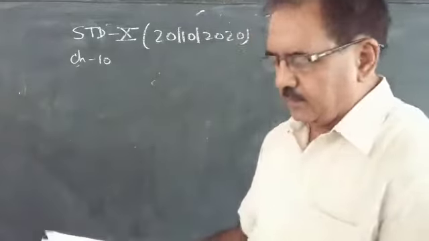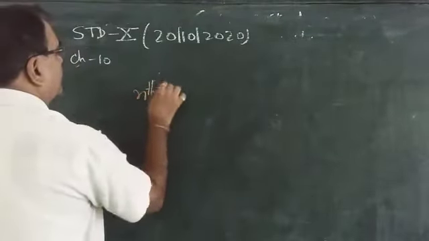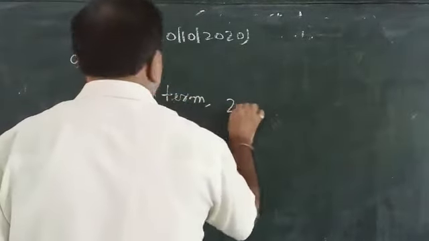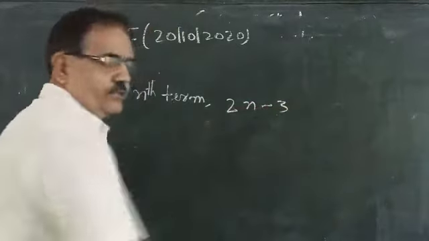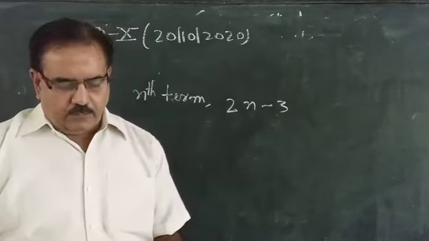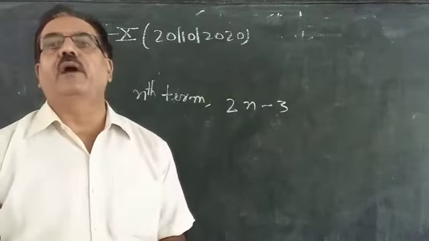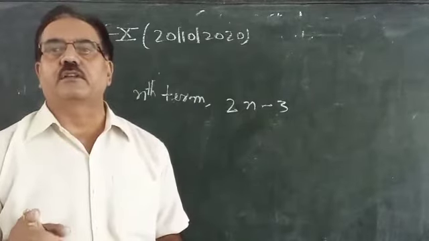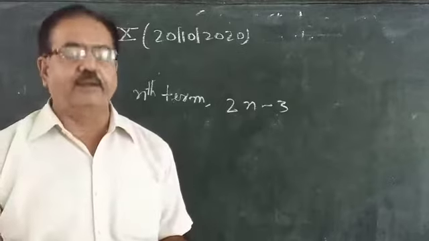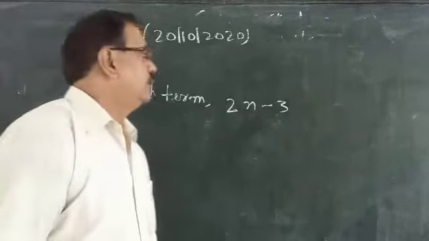The nth term is 2n minus 3. This is the question. What is the question? Find the AP whose nth term is 2n minus 3. Once again, listen to the question. Find the AP, meaning arithmetic progression, whose nth term is given as 2n minus 3.